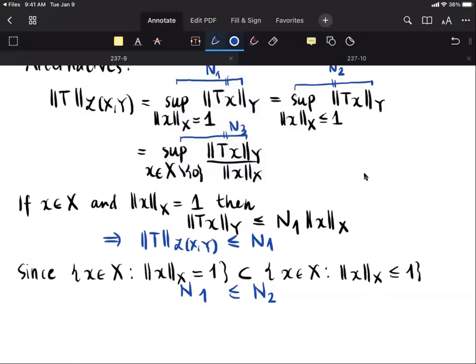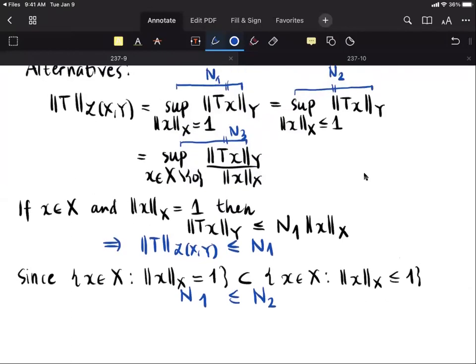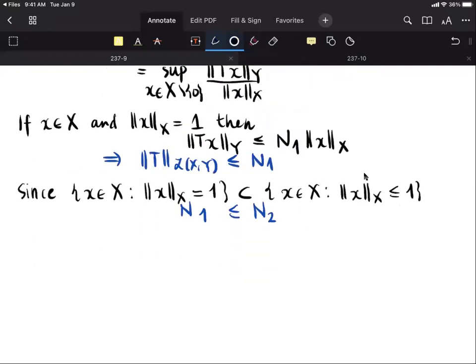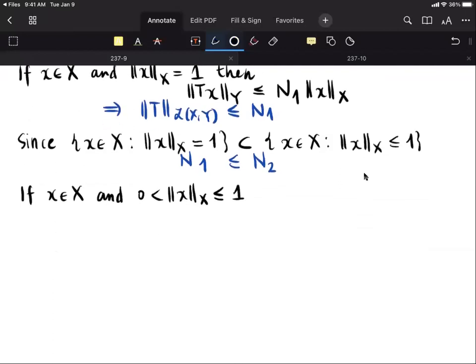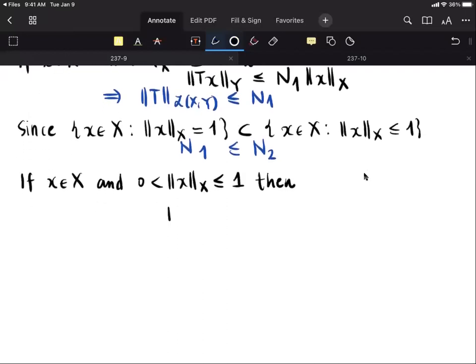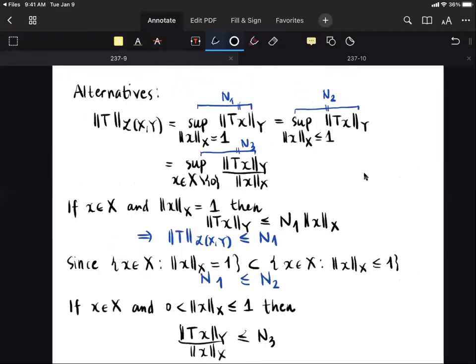Okay. Now to prove the next inequality. So if x is in capital X and, let's say, it is non-zero, and the norm is less than or equal to 1, let's say, then we know that the norm of T of x divided by the norm of x is less than or equal to N3, since N3 is the supremum here.